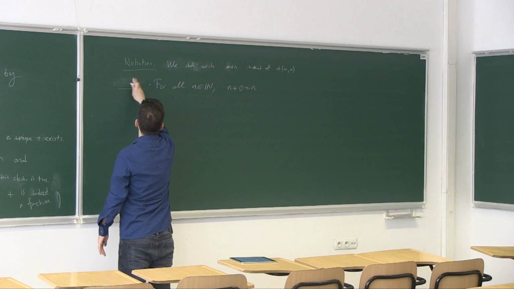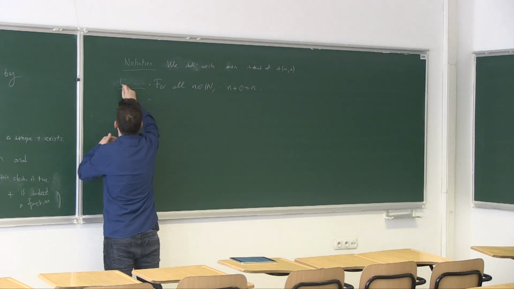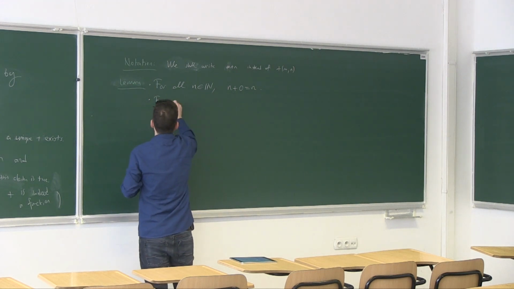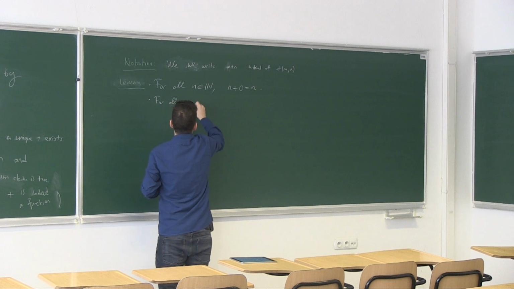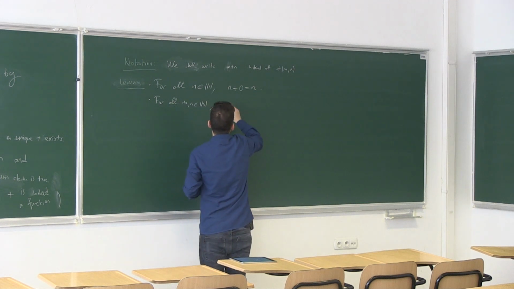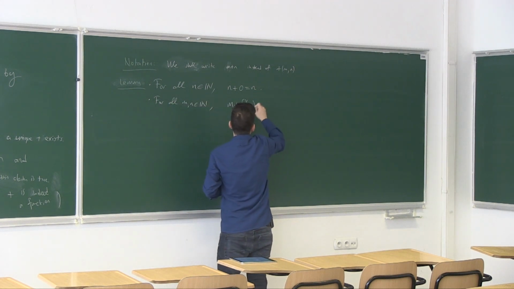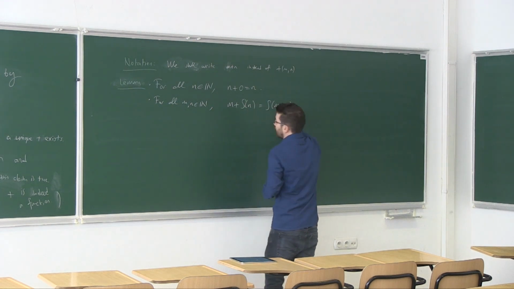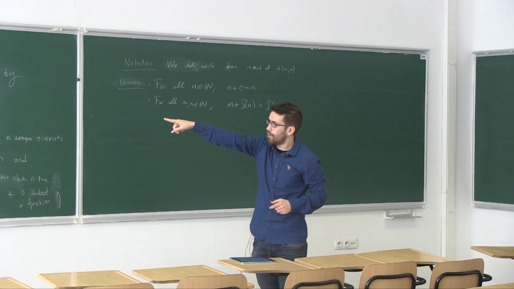Maybe I shouldn't call this lemma. What should I call it? Fact? No, I'm going to call it lemma. And I'm going to explain why I called this lemma. For all m and n, m plus s of n is s of m plus n. I'm just restating what I wrote over there.